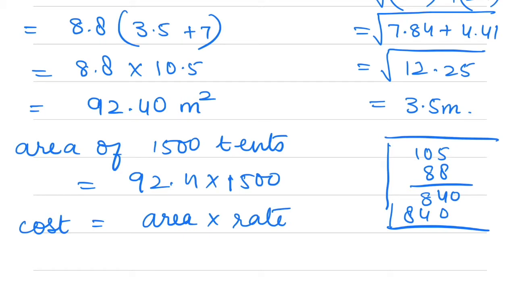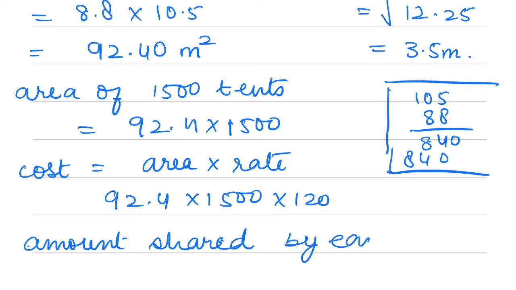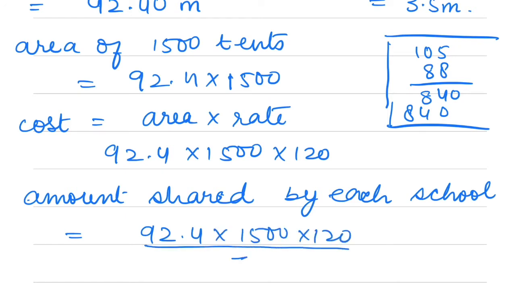So cost is equal to 92.4 into 1500 into 120, and the amount shared by each school, as there are 50 schools, will be equal to 92.4 into 1500 into 120 divided by 50.